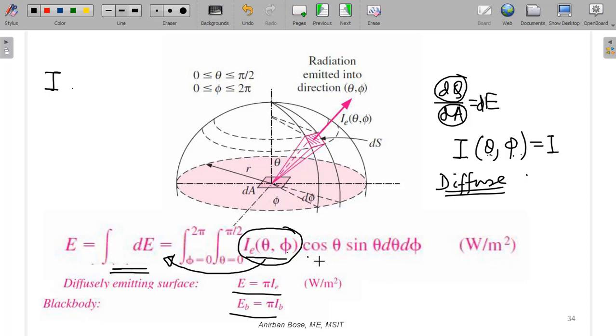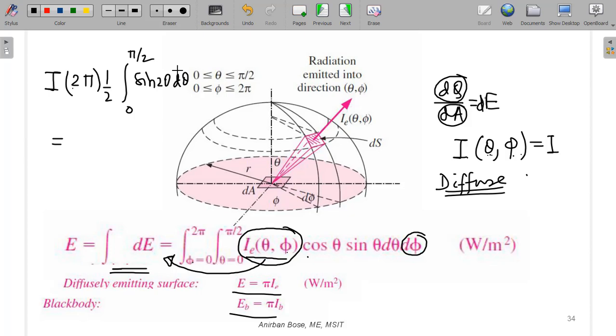The d phi integrated from 0 to 2 pi gives you 2 pi. And the other part is the integral from 0 to pi by 2 of sin theta cos theta d theta, which you can convert into half sine of 2 theta d theta from 0 to pi by 2.